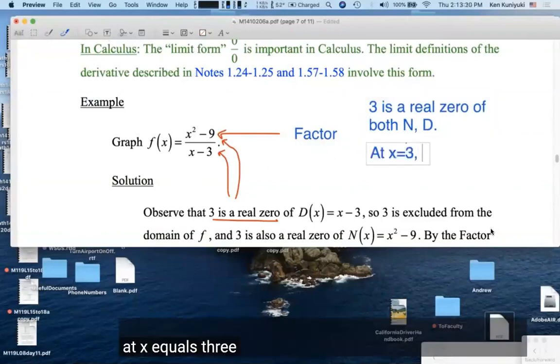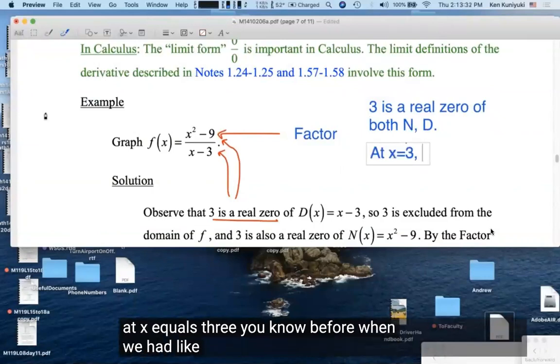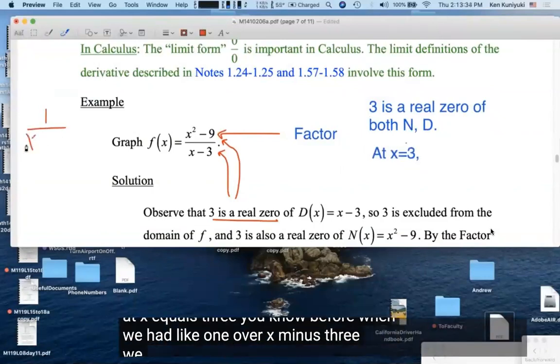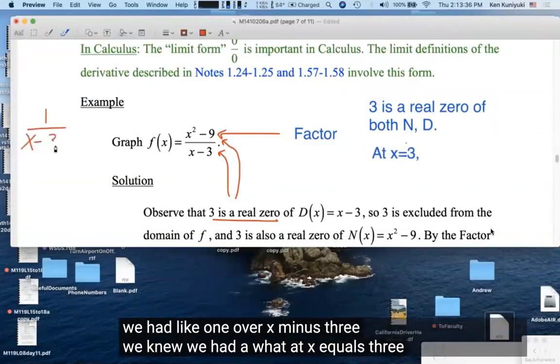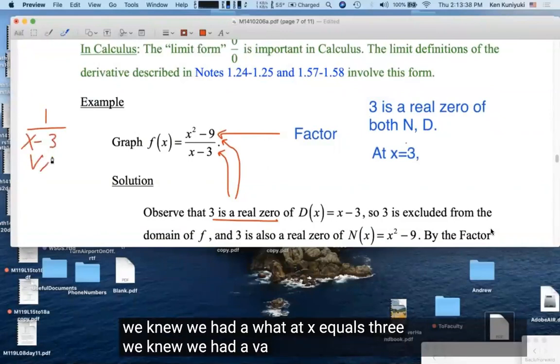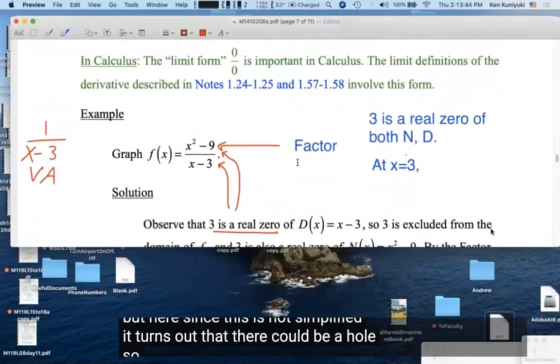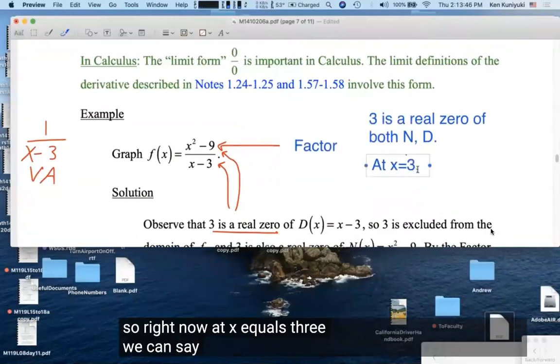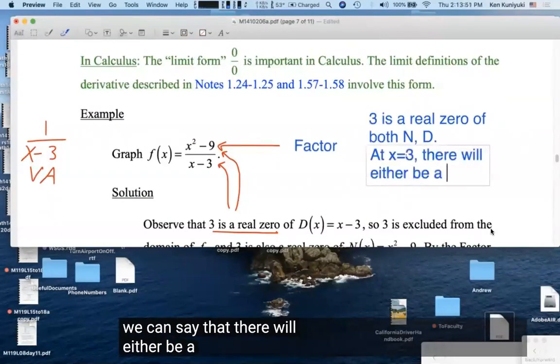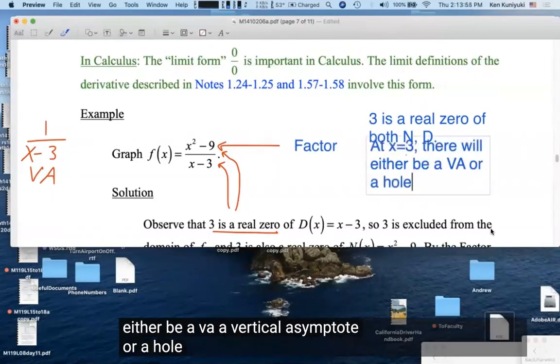At x equals 3, you know, before, when we had like 1 over x minus 3, we knew we had a what at x equals 3? We knew we had a VA. But here, since this is not simplified, it turns out that there could be a hole. So right now, at x equals 3, we can say that there will either be a VA, a vertical asymptote, or a hole.